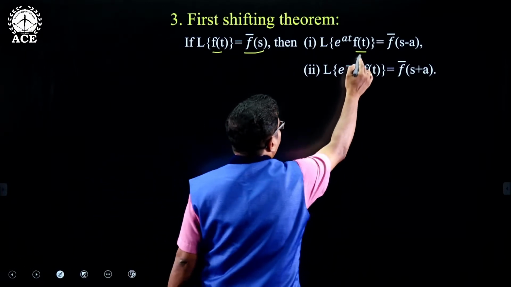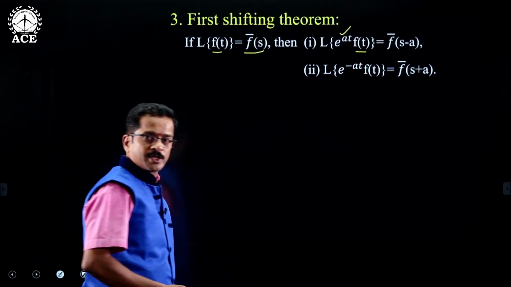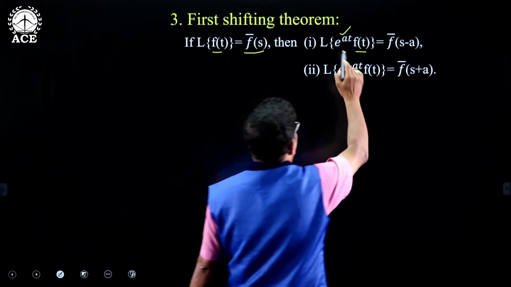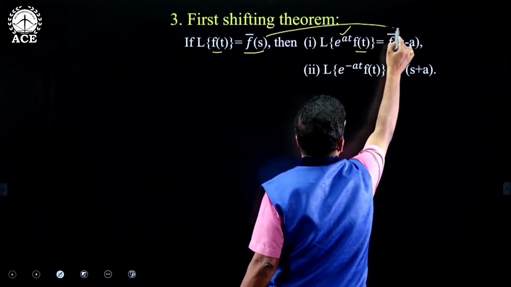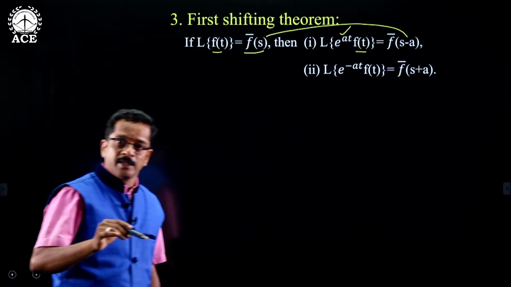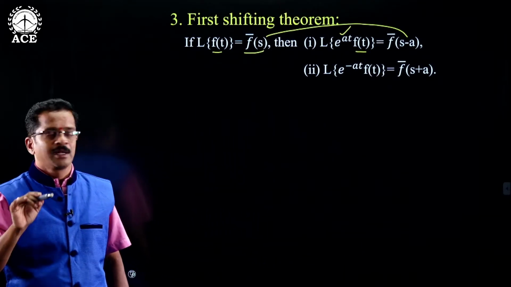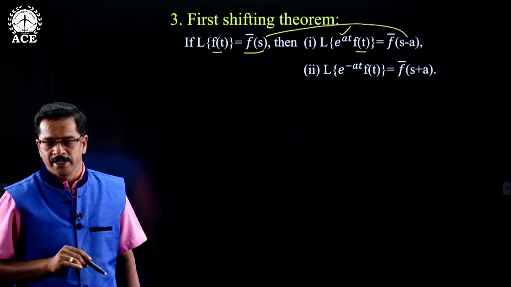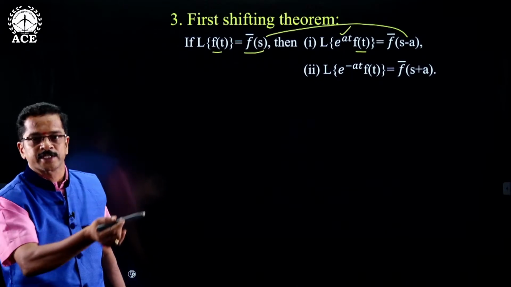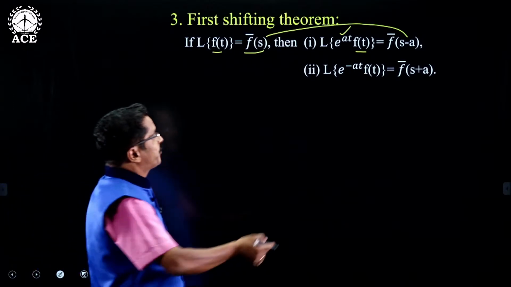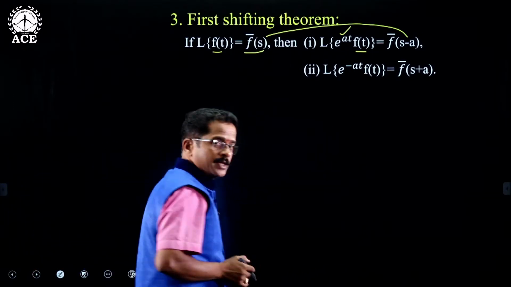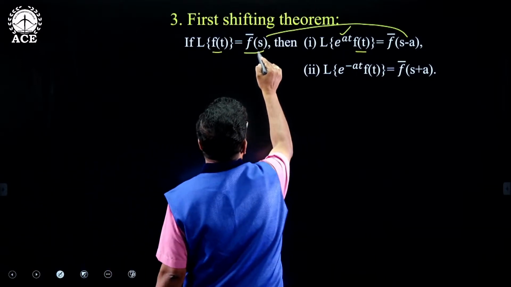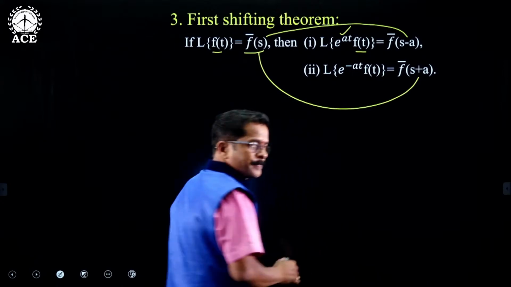If f of t is combined with an exponential function, how do we evaluate it? Then f bar of s is shifted to s minus a. If the function is multiplied with e power at, s is shifted to s minus a. If the function is multiplied with the exponential with negative power, then s is shifted to s plus a.